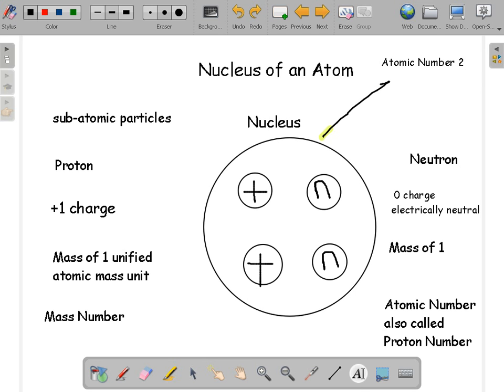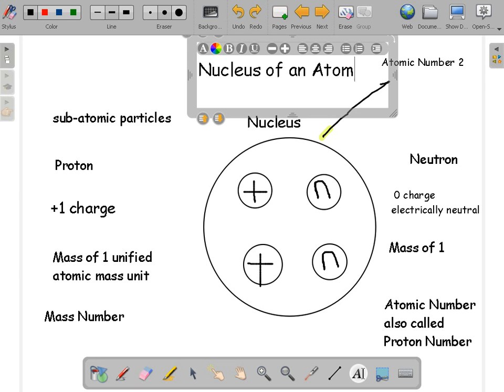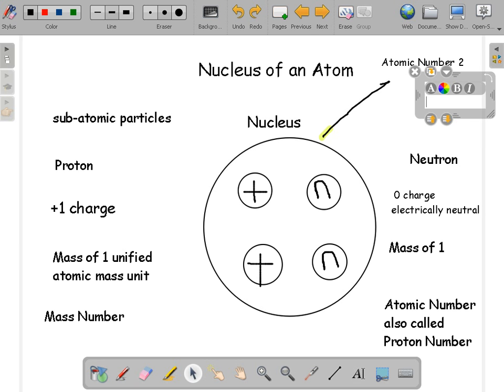Now let's talk about mass number. Mass number is the actual total mass of a nucleus. If you want to know the mass number of an atom, you just count the number of protons and neutrons in its nucleus, because they both have a mass of 1, and the total mass of an atom comes from these two particles.